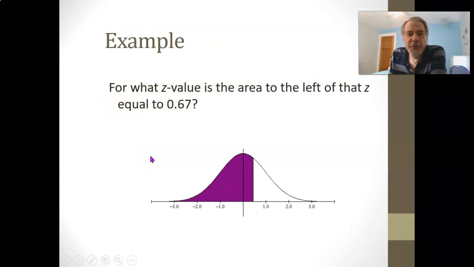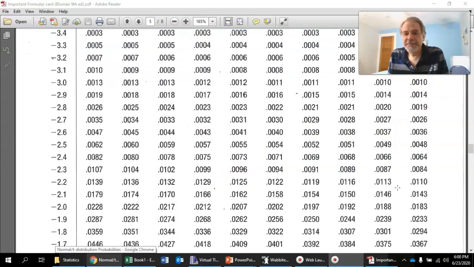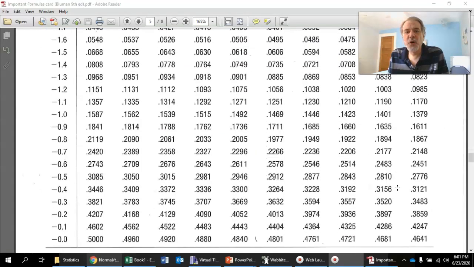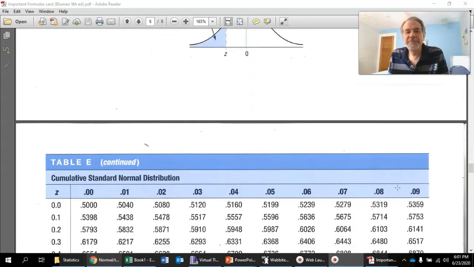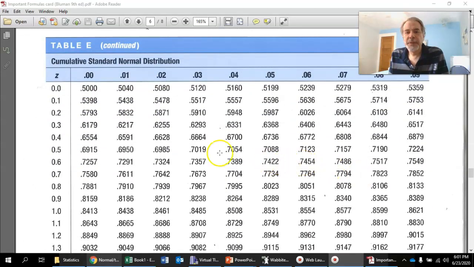Let's try another one. For what z value is the area to the left of that z equal to 0.67? So 0.67 is the area of this purple shaded region. So I turn to Table E. I'm looking for 0.67. Okay, here are my 0.6s, and oh, look right here, 0.6700.